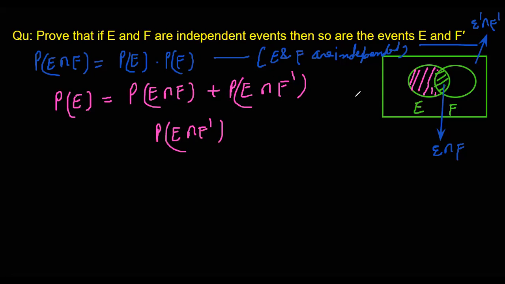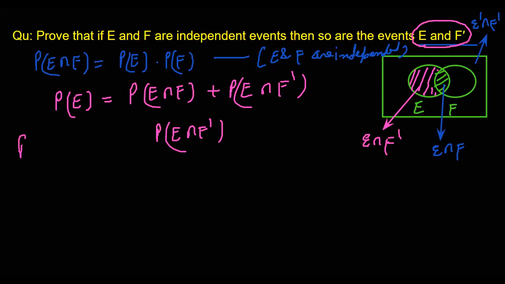From the Venn diagram, it must be very clear that the portion in pink is E intersection F complement. We need to show this about E and F complement, that's why we are relating this with E intersection F complement.